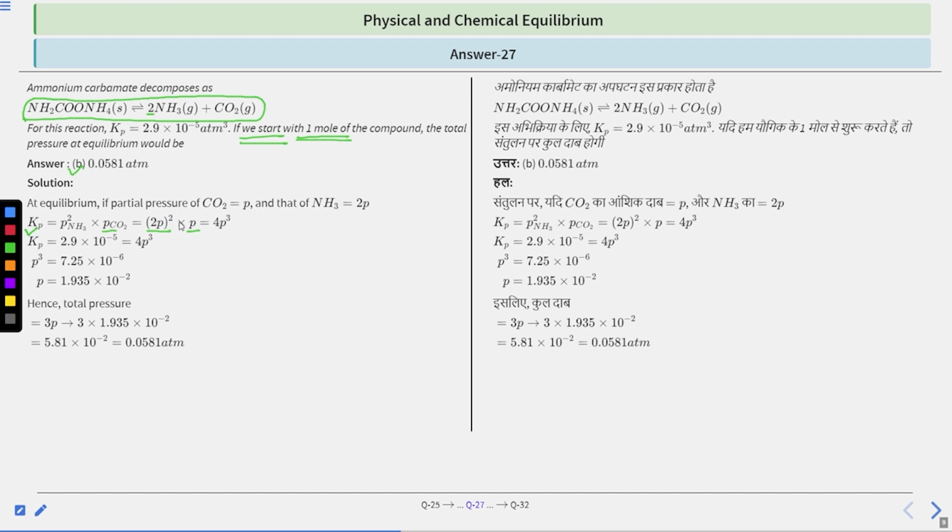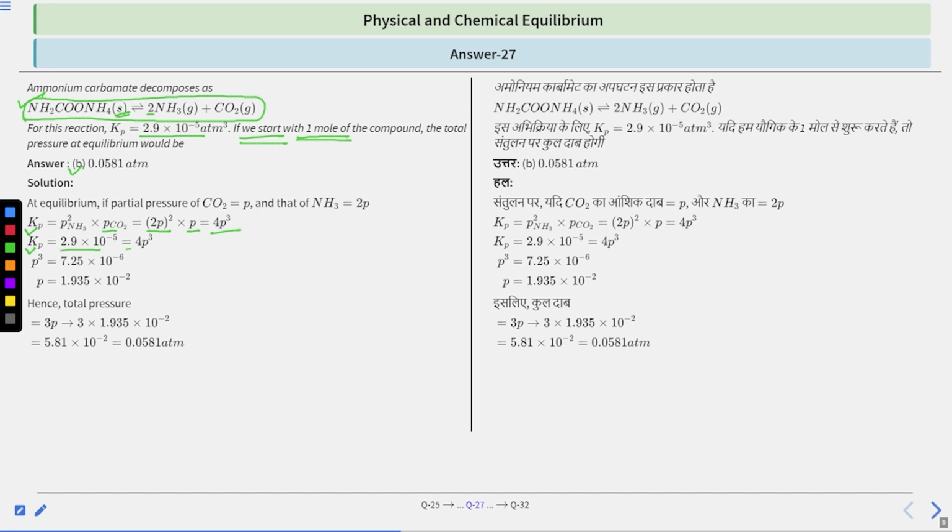So 2P whole square multiplied by P comes out as 4P cube, and divided by the partial pressure of reactant, right? But as we are starting with 1 mole of the compound, it will be 1. The partial pressure of this we take as 1, because it is in solid form, so the partial pressure of this reactant will not be considered, only these will be considered. So Kp will become equal to 4P cube, which equals 2.9 into 10 to the power minus 5, because the Kp value is given already.